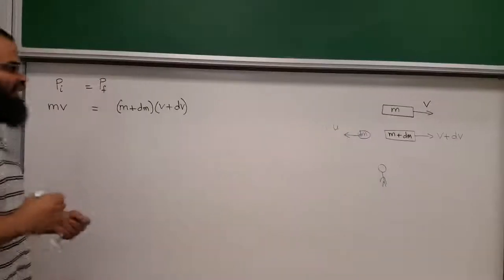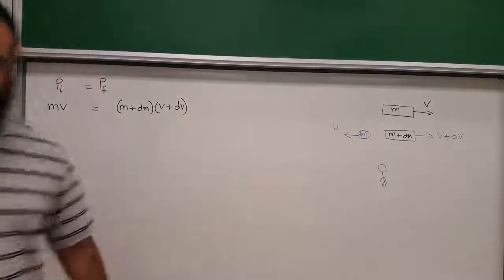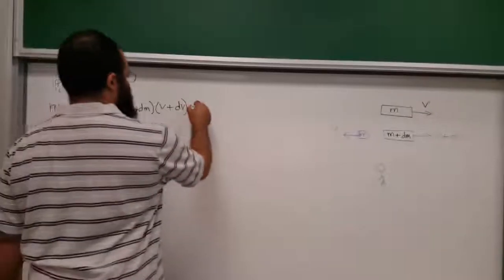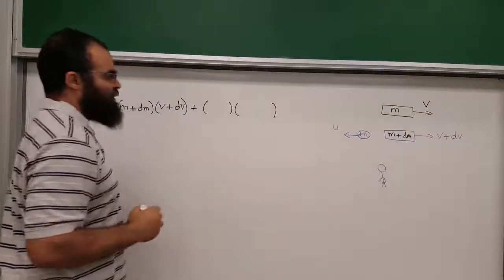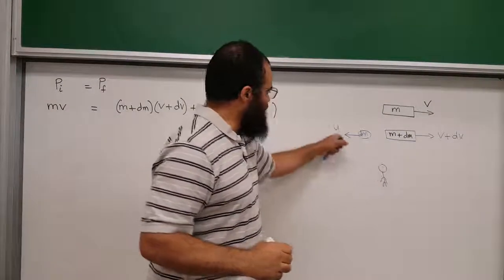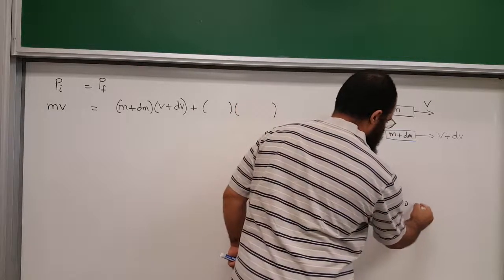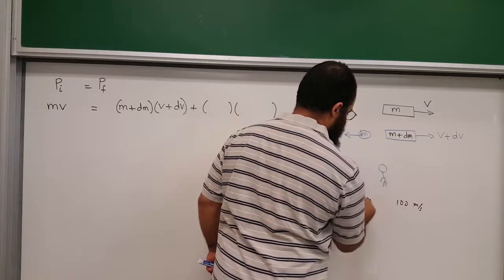And then plus the momentum of this thing here. And what is that momentum? It will be u times dm, but that's relative to the rocket. We would like it relative to the ground. First of all, momentum as usual is mass times velocity. The velocity of this dm relative to the ground, again, imagine if the rocket is going at 100 meters per second and ejects fuel at 10 meters per second this way.